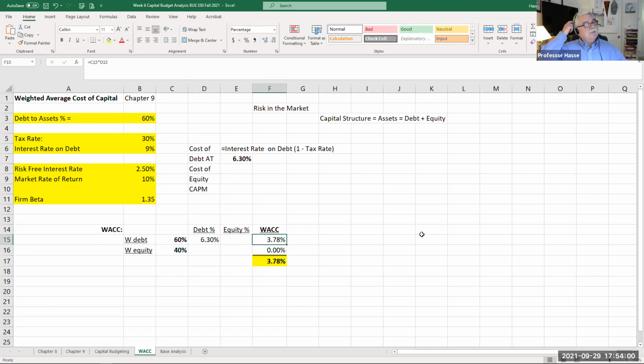Okay. Now, this is where this gets a little more complicated. What is our cost of issuing stock or using equity in the business?